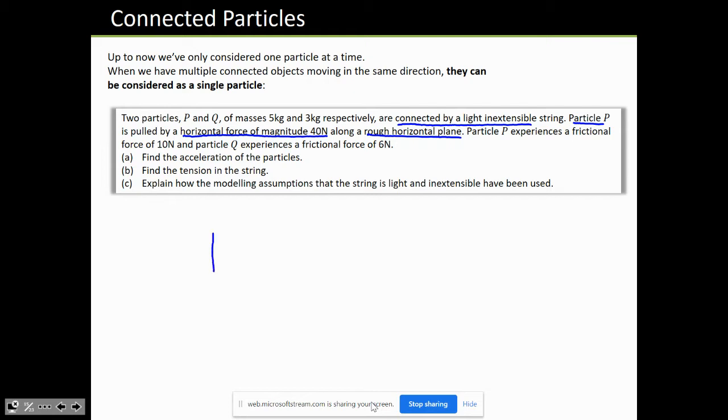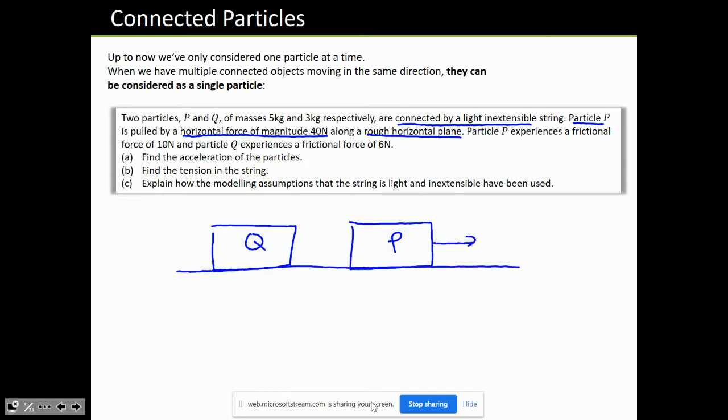And we have our reaction of Q, and we have our reaction of P.